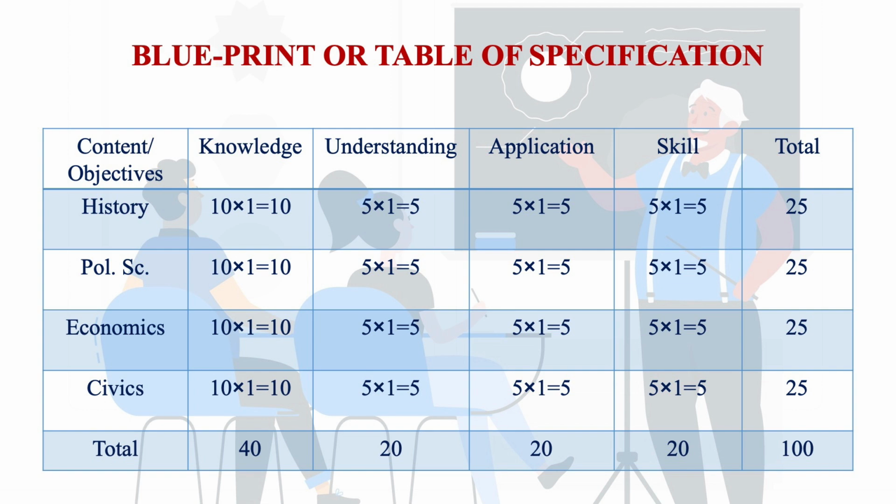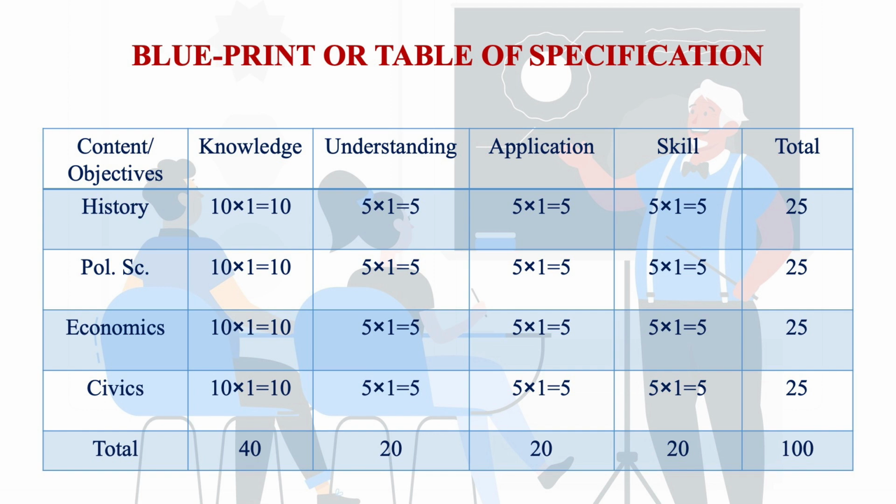Then the weightage to objectives is knowledge, understanding, application and skill: 40% for knowledge, and understanding, application and skill 20% each. Then the total items will be 100, and the form of items will be multiple choice questions, and each question has 1 mark.